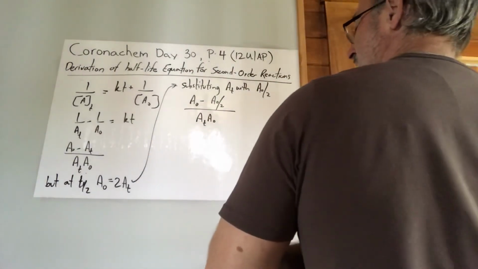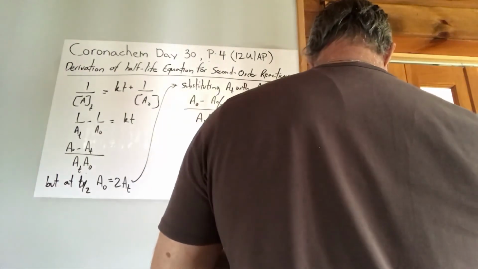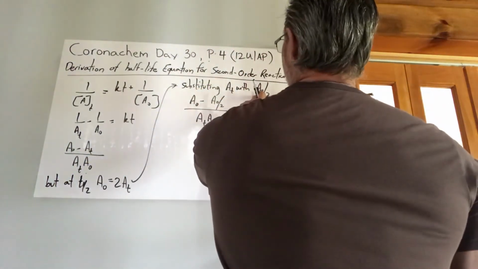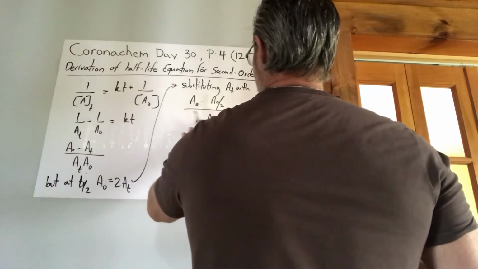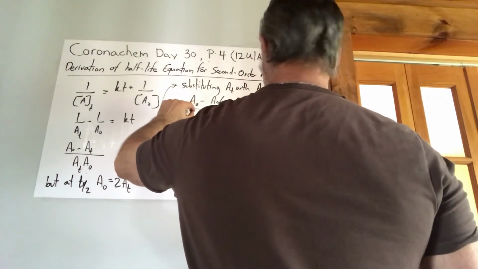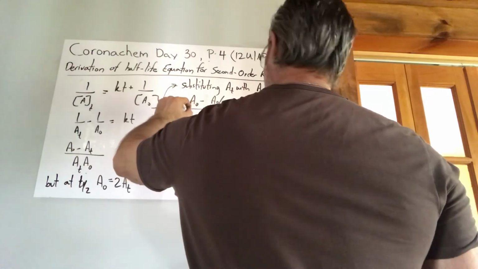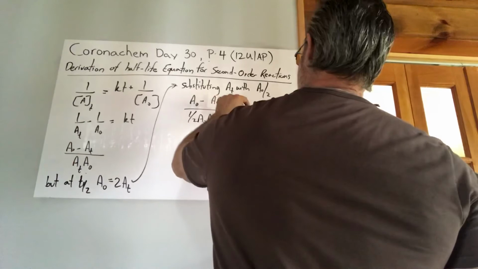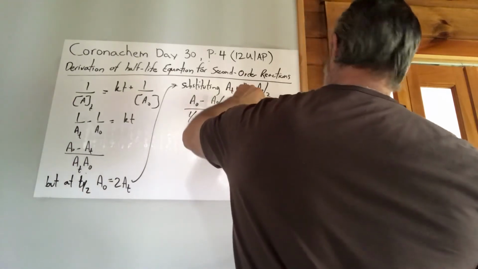Why did I put 1/2? Because I took this and replaced it with A naught over 2. So this becomes also A naught over 2, because I'm also multiplying this whole thing by 1/2. So there's a 1/2 in the denominator. And all this is still equal to kt.